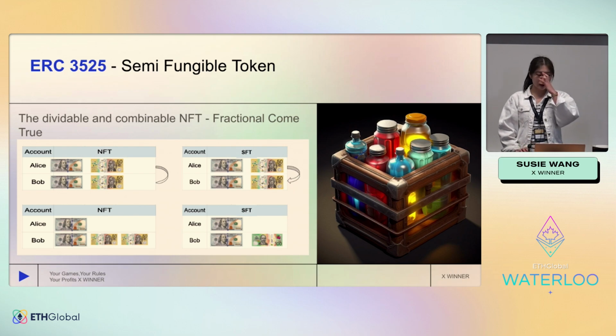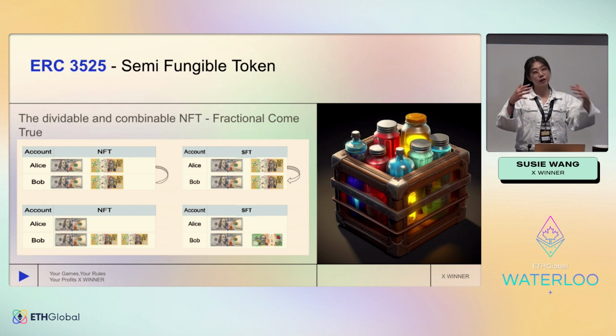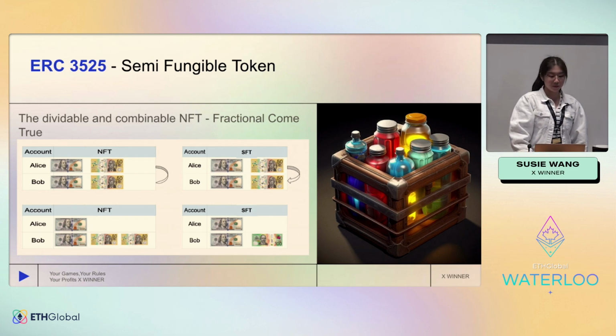In this picture, if Alice wants to send Bob an NFT of $50, then Bob is getting two $50 NFTs. But with the Semi-Fungible Token, ERC3525, he can combine the two $50 together and form a $100 NFT. So fractional comes true.